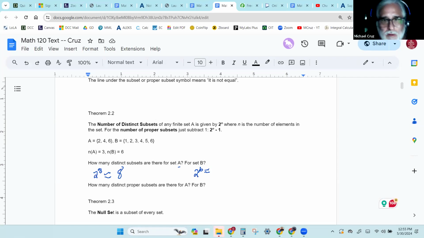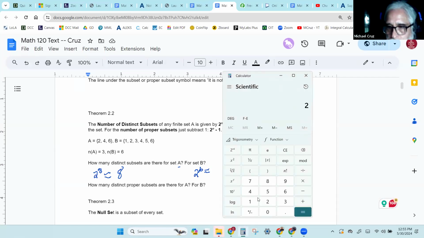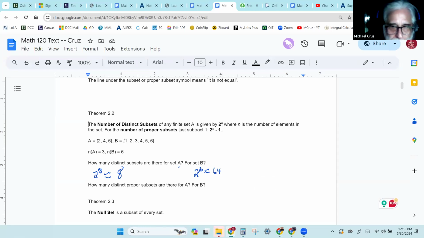All right, so let's look at that calculator again. 2, hit that, 64. All right, so 64 subsets that could possibly exist given this set.